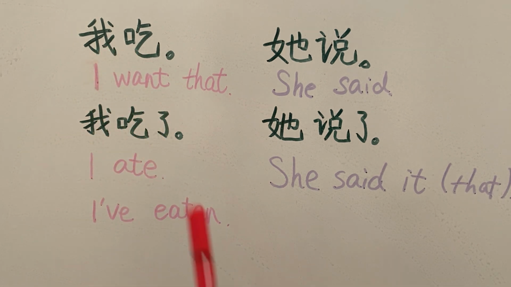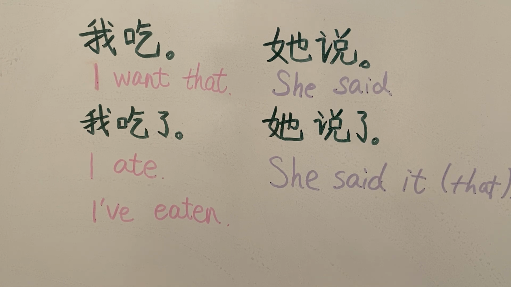我吃 means I want that. Do you want that cookie? Yes, I want that. Do you want that cookie? 你吃饼干吗? Cookie means 饼干. If you say it a certain way, it means you are a northern Chinese, right? 你吃那个饼干吗? Do you want that cookie? Yes, 我吃.